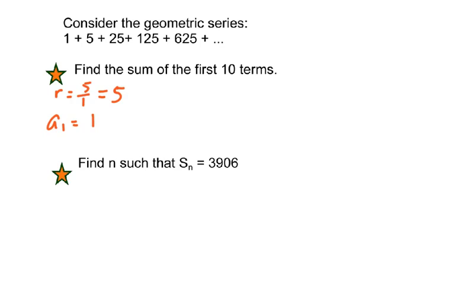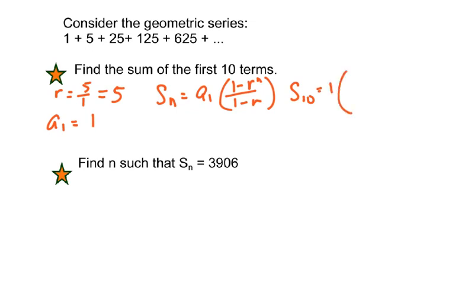So using our formula, S sub n equals a sub 1 times 1 minus r to the n over 1 minus r. In this case, we have S sub 10, because we're looking for the first 10 terms, equals 1 times 1 minus 5 to the 10th power over 1 minus 5.